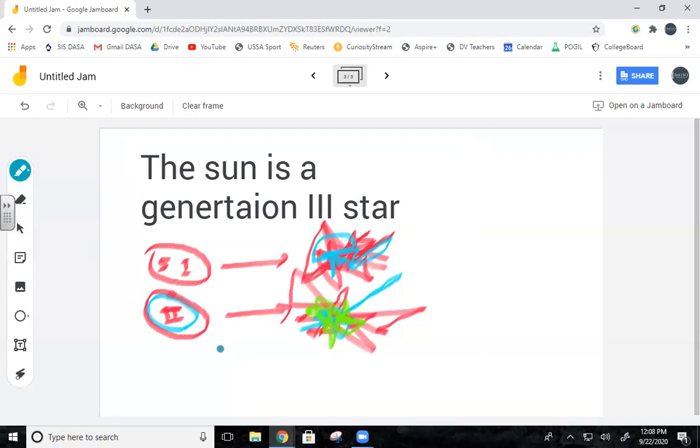Well, all of this stuff coalesced to create the sun, which is a generation 3 star.